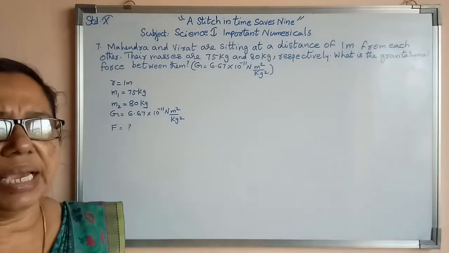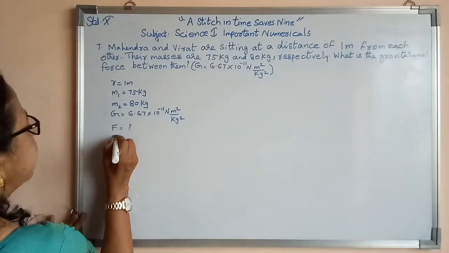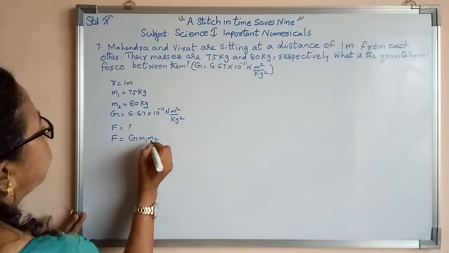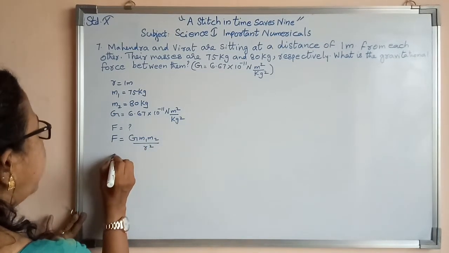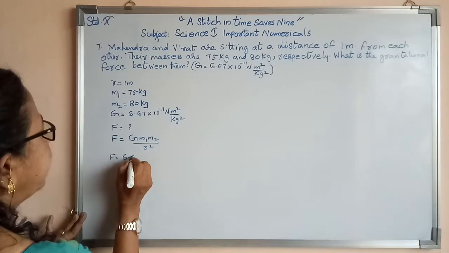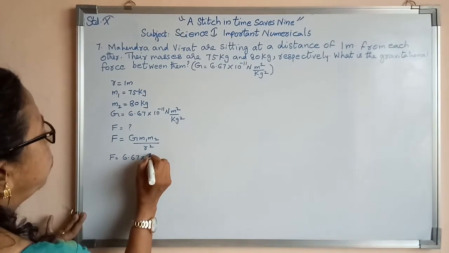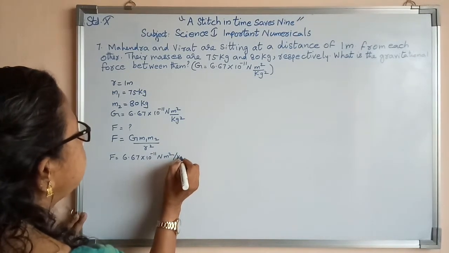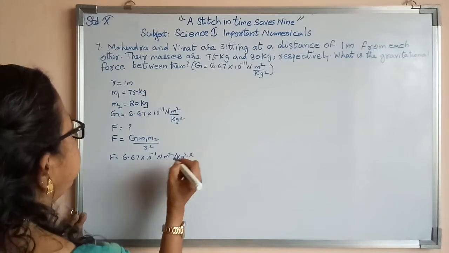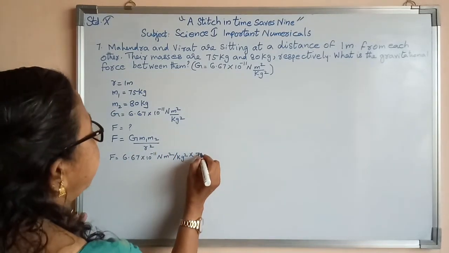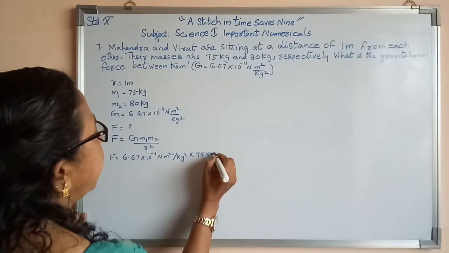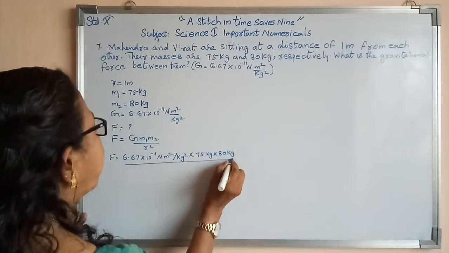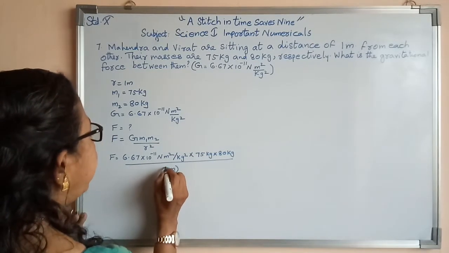For finding capital F, we have one formula, that is capital F is equal to capital G into m1 into m2 upon r square. F is equal to 6.67 into 10 raised to minus 11 Newton meter square per kilogram square into m1, that is 75 kg, into m2, that is 80 kg, upon r square, that is 1 m whole square.